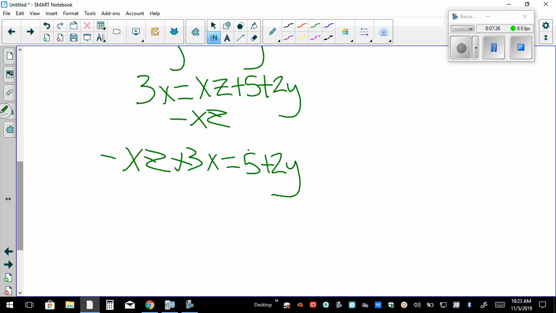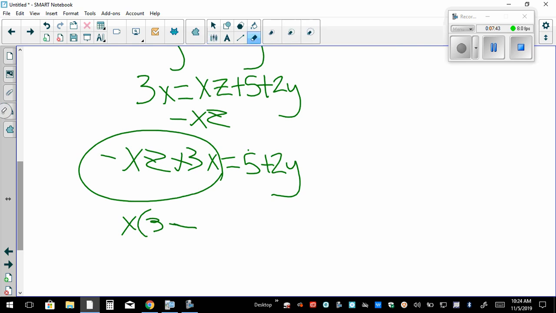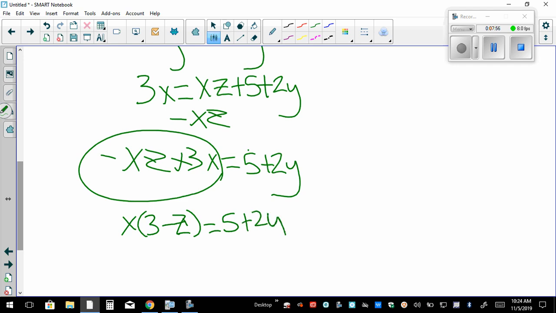This part is the same as x times 3 minus z equals 5 plus 2y.